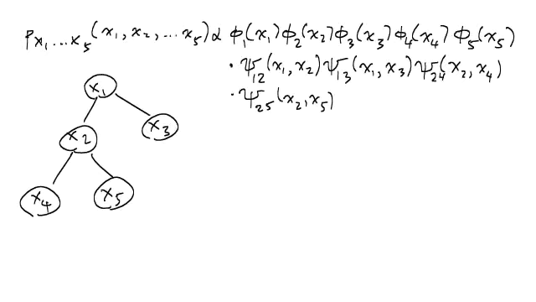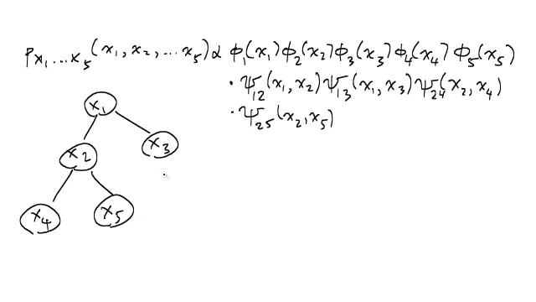Okay, so here we have this tree over 5 nodes. The distribution from x1 to x5 factors as follows. This is just the equation I wrote before, specialized to this graph. The equation's kind of long, so I've split it into 3 lines. What we want to do here is compute the marginal at x1.